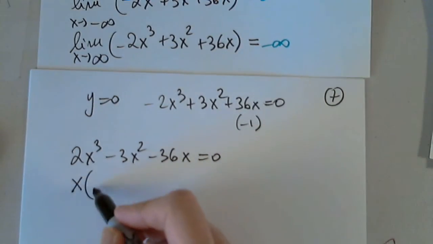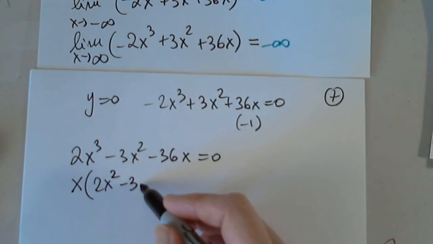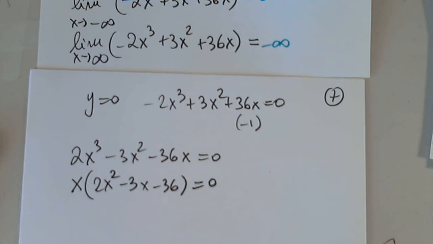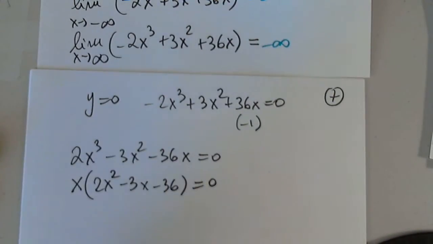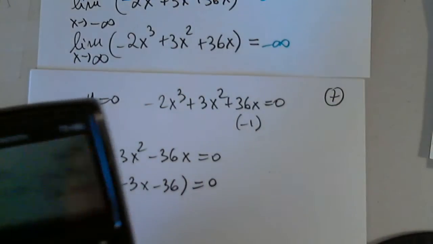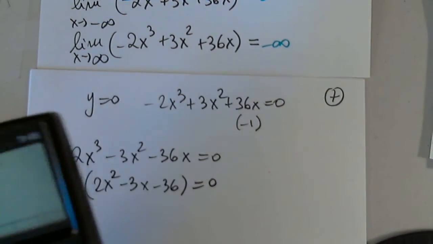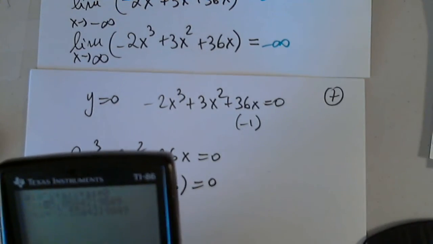I will factor out x and I get x times 2x squared minus 3x minus 36. I'm not going to waste my time, and I'm going to use my calculator that is probably 20 some years old, because it has the poly feature too. I enter 2, negative 3 and negative 36 and solve.